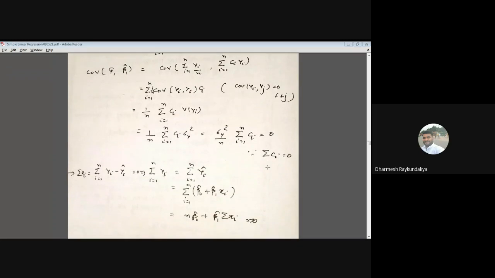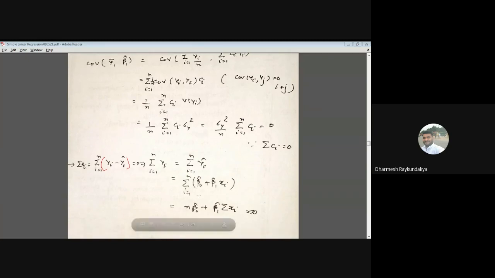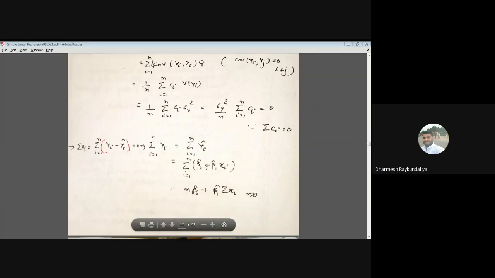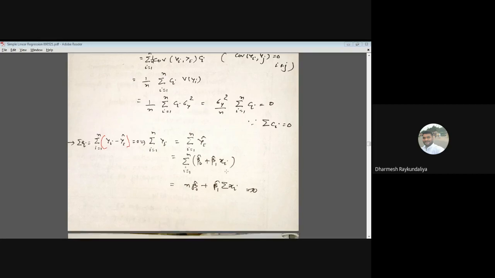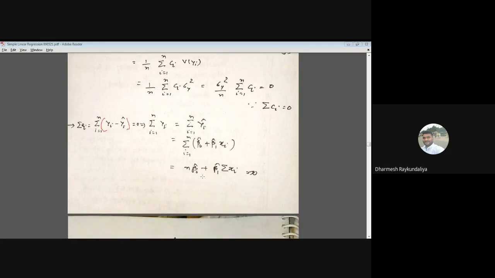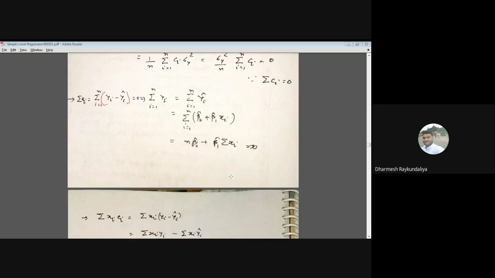Now if I wish to prove that summation ei equals 0, I know that summation ei is the summation of yi minus yi cap. So this is summation yi equals summation yi cap. Y cap is beta 0 cap plus beta 1 cap xi, so this is n beta 0 cap plus beta 1 cap summation xi.